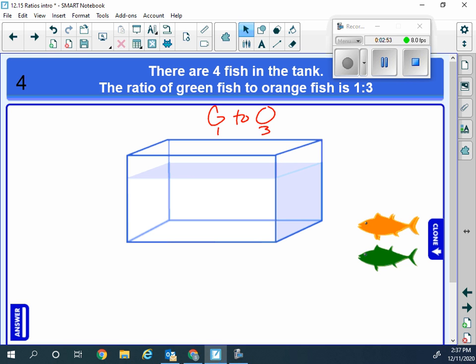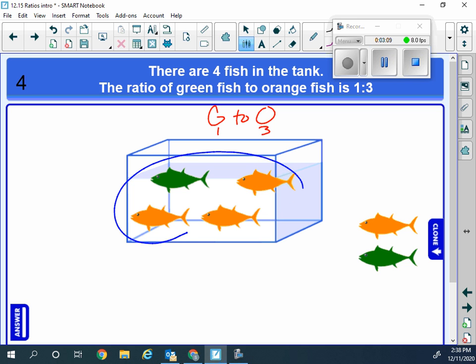So 1 green fish is what I mean in here, and 3 orange fish. On your notes, you don't really need to draw a whole fish because that would take a while, but you could just label it with G's and O's. Okay? And again, just also want to double check here that there are 4 total fish in the tank. Okay? That was slide 4.